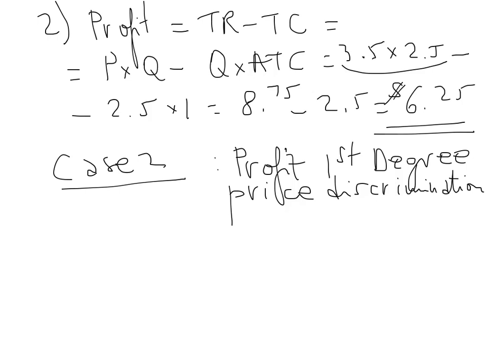What is my profit in this case? For this case, I'm going to go on a different page here because we are not going to need to work on a graph.